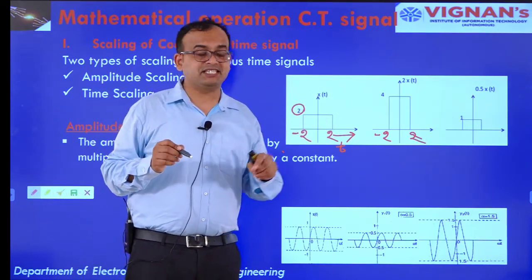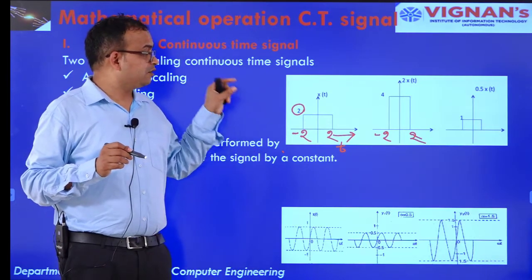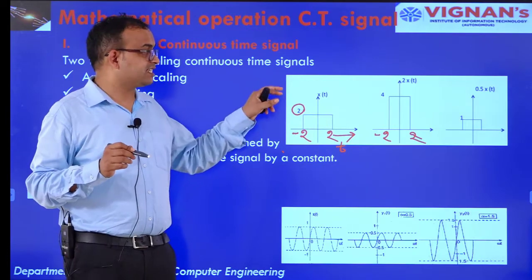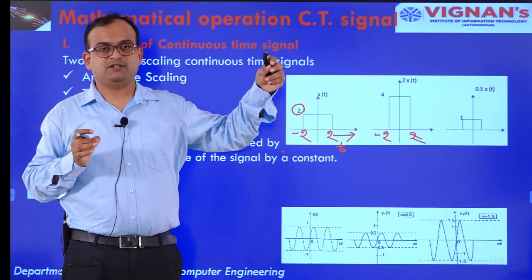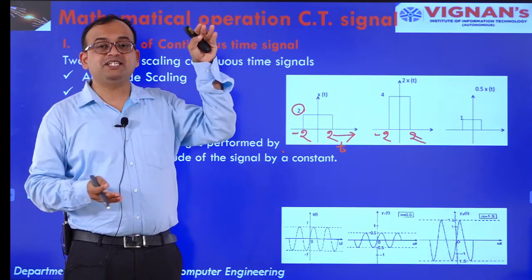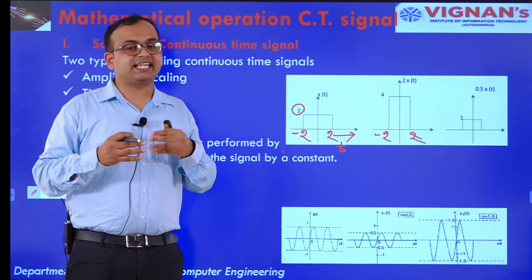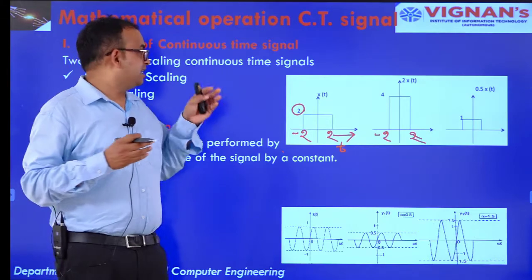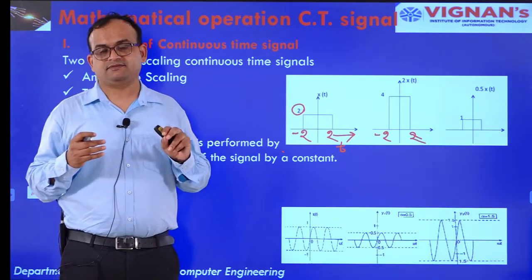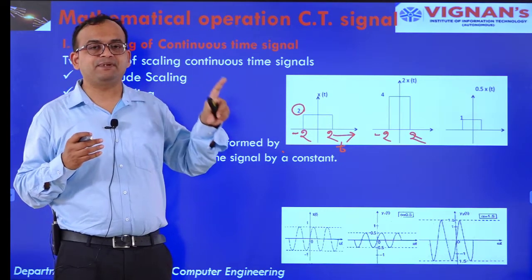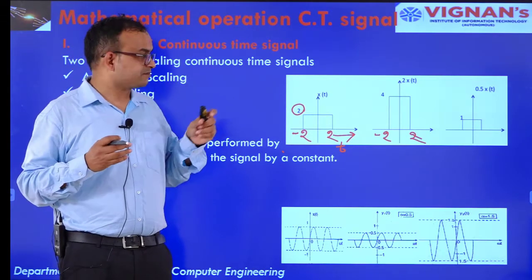If we go for amplitude scaling, the signal is amplified. The amplitude is now increasing. So an amplifier can be used as an amplitude scaler. We are only increasing the amplitude of the signal.